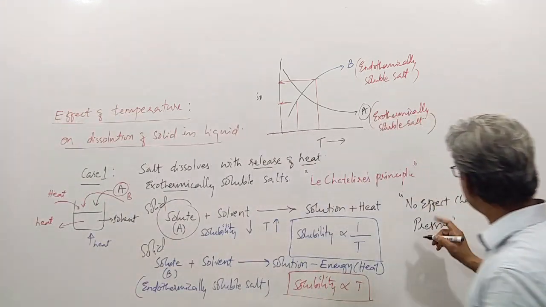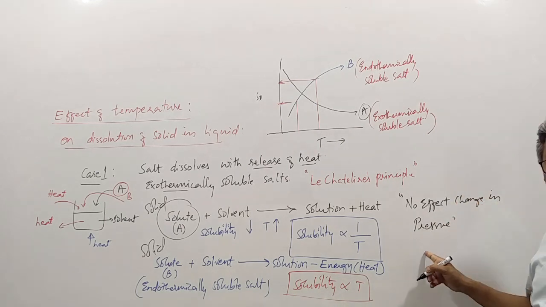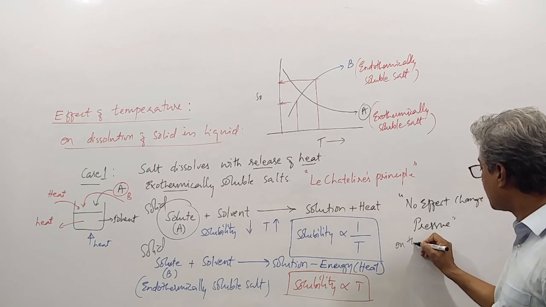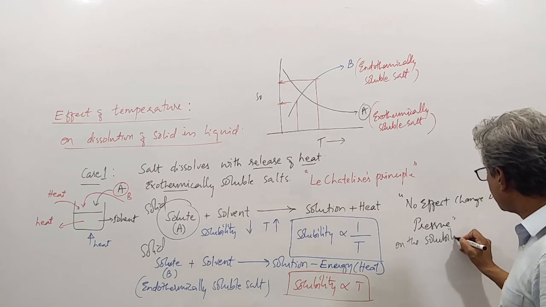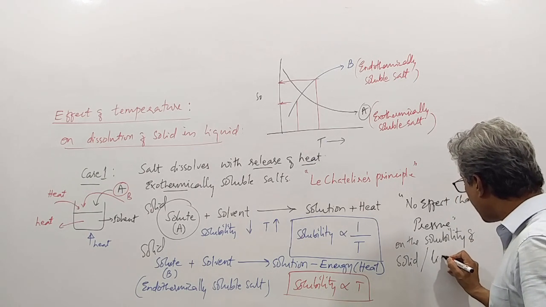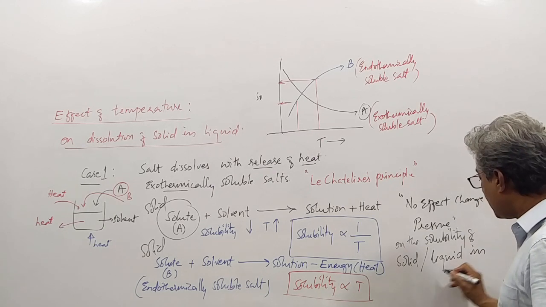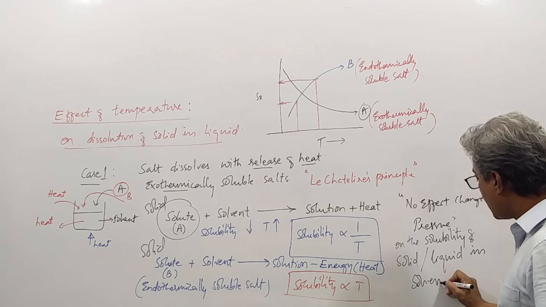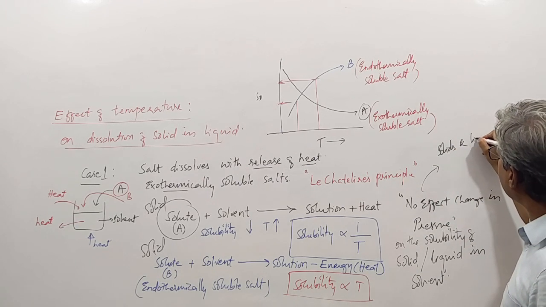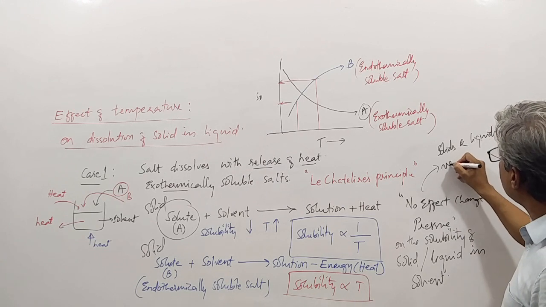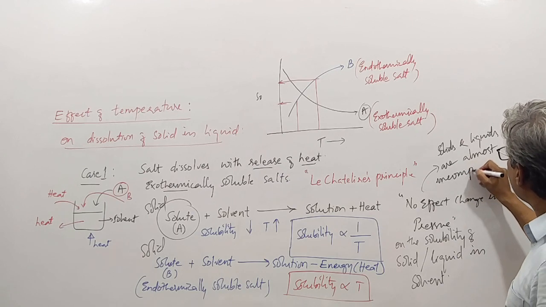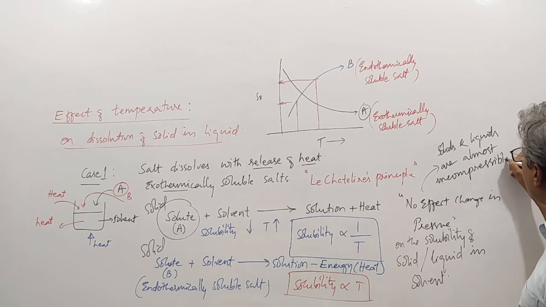Remember this. There is no effect of change in pressure on the solubility of solid or liquid in solvent. The reason for this is that solids and liquids are almost incompressible.